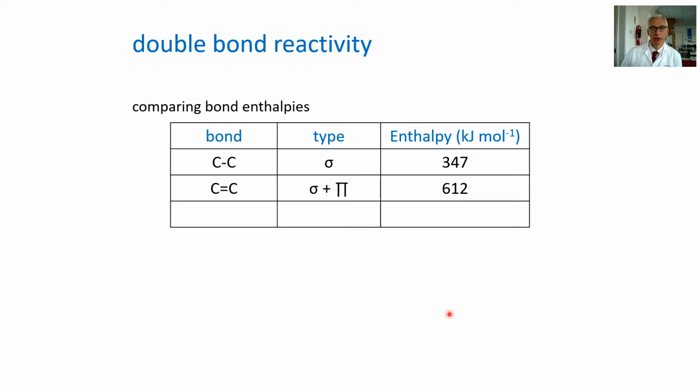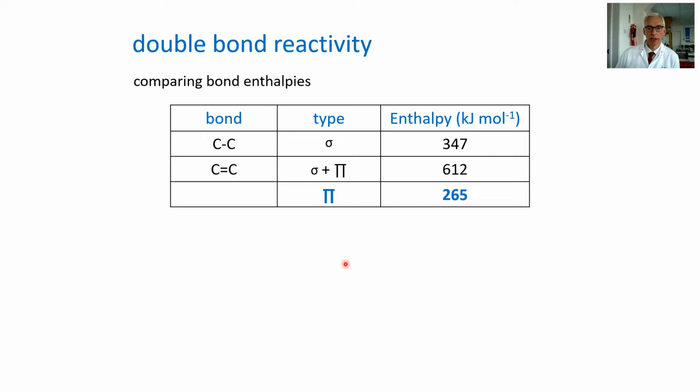Now, if we look at the type of bond involved, the carbon-carbon single is a sigma, whereas the carbon-carbon double is a sigma and pi. Using the data in the table, could you deduce or calculate the enthalpy associated with the pi bond? Pause the video and carry out that calculation.